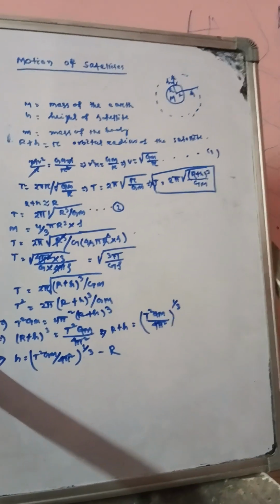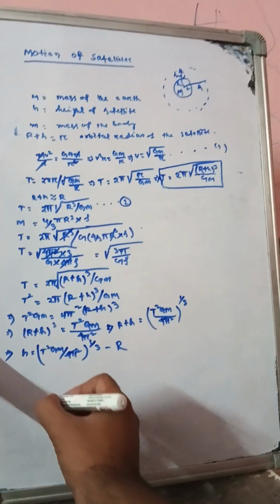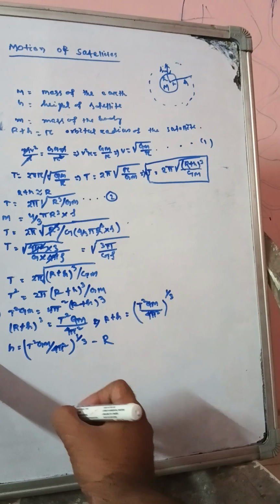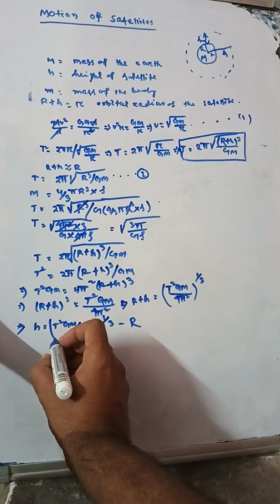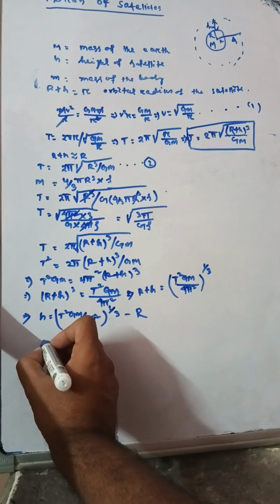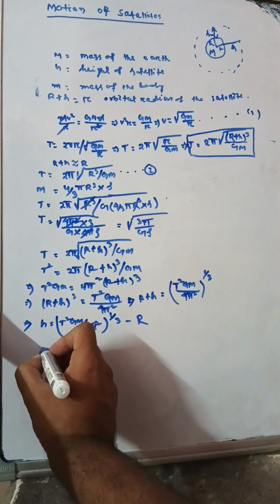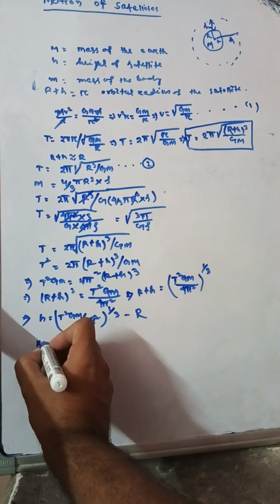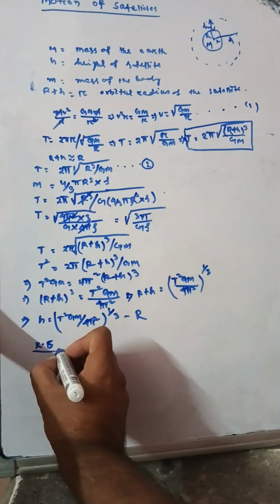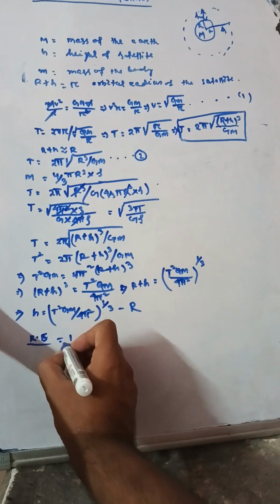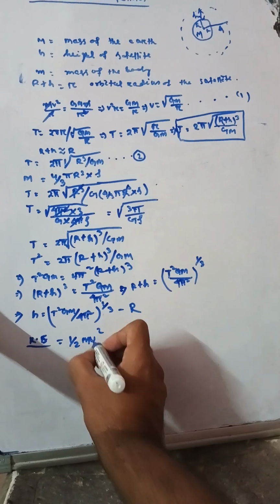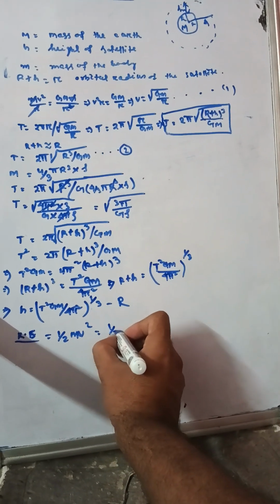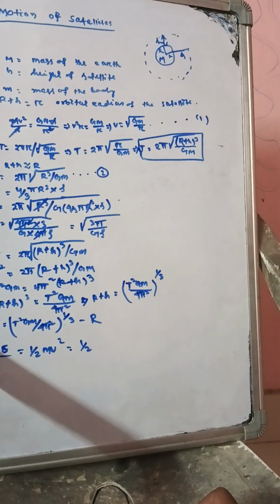We have to write this, and then we find the kinetic energy. Kinetic energy is equal to half mv square. We get the value of v: square root of GM divided by r.